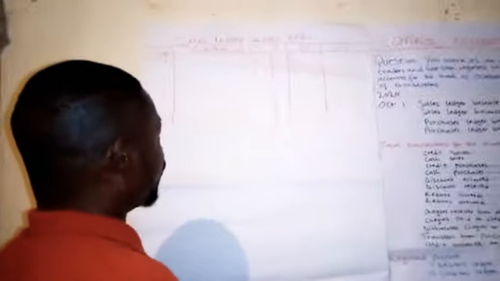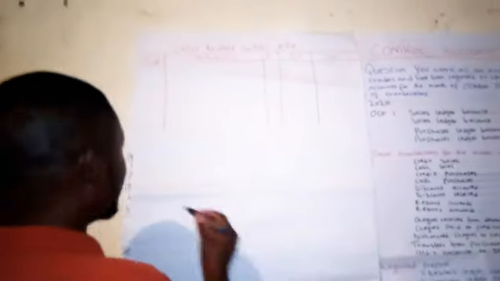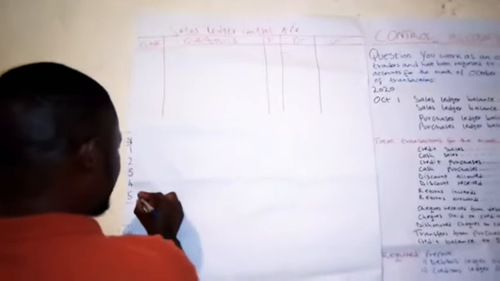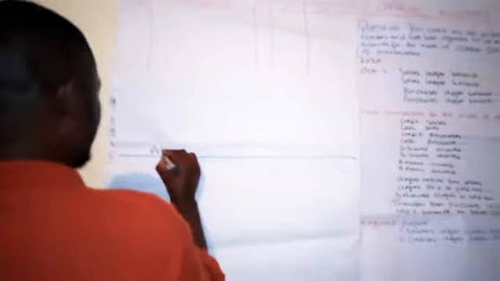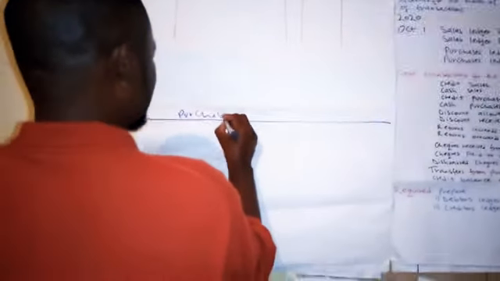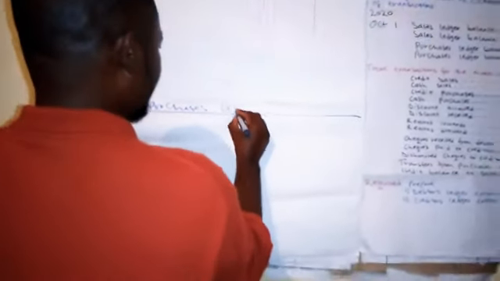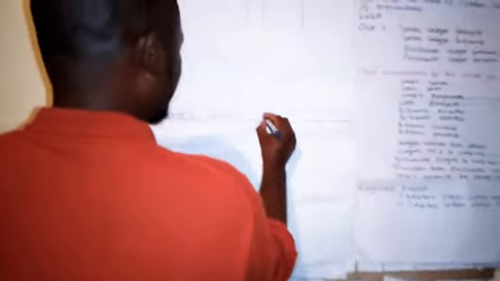Down here I'm going to draw also the purchase ledger control account.